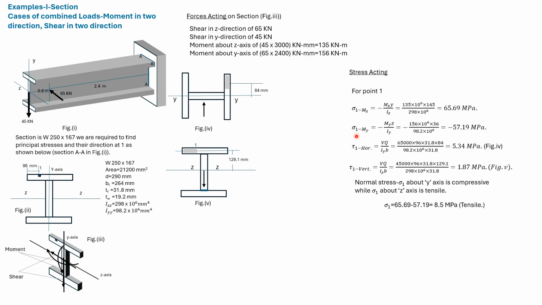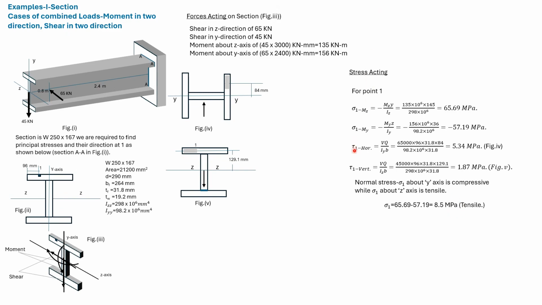So we get the stress at 1 due to moment about the y-axis. As we can see from this figure, this stress will be negative, while the stress about the z-axis is positive. So at the point 1, this is the net bending stress, which is tensile.